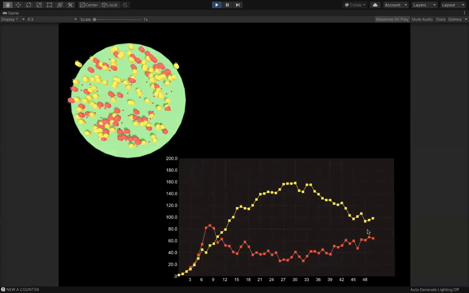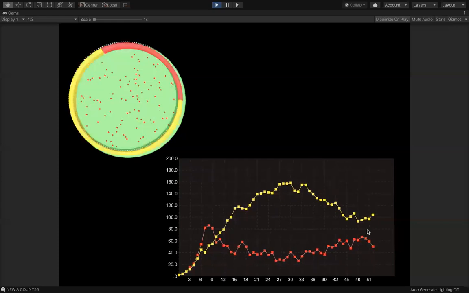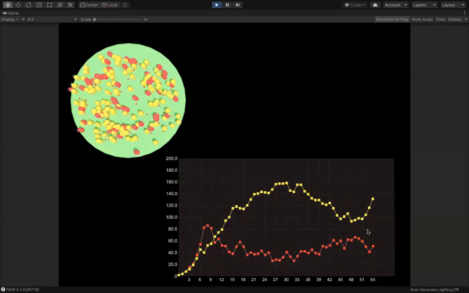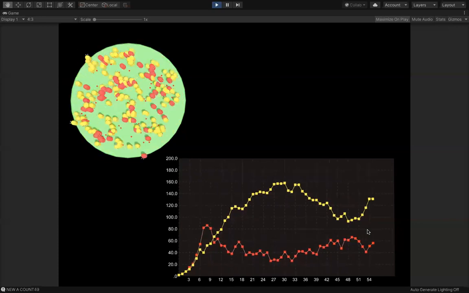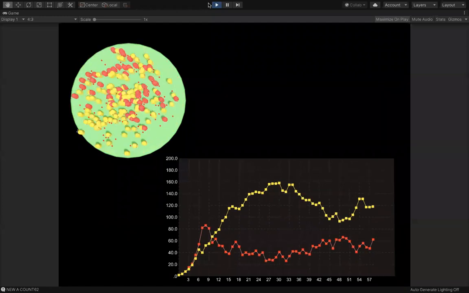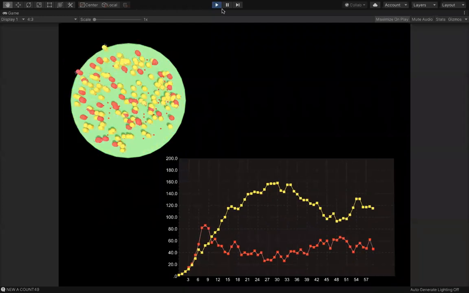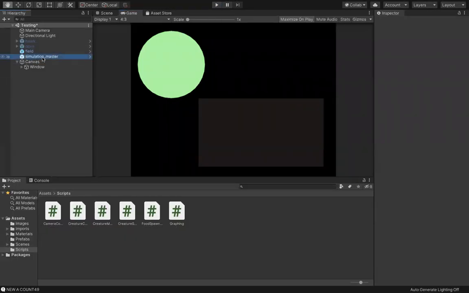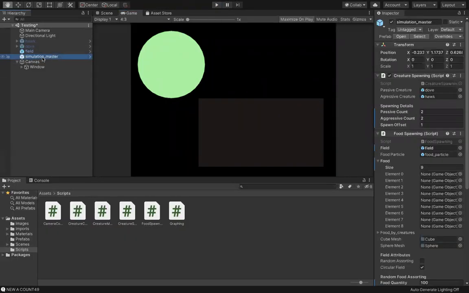Right here, because we're only using a smaller population, there are a lot of fluctuations that can happen. But eventually the dove population will still be about twice as high as the aggressive population. The interesting thing to see right now is what happens if we change the food source.